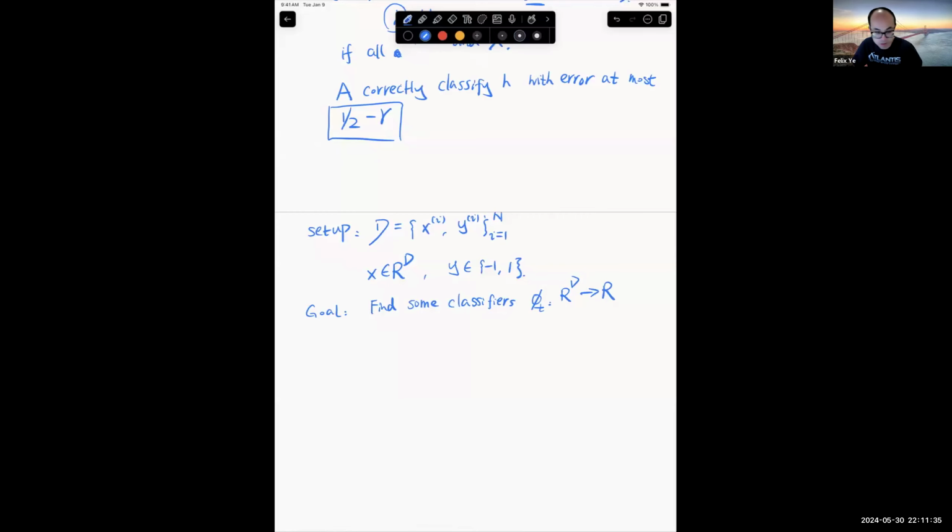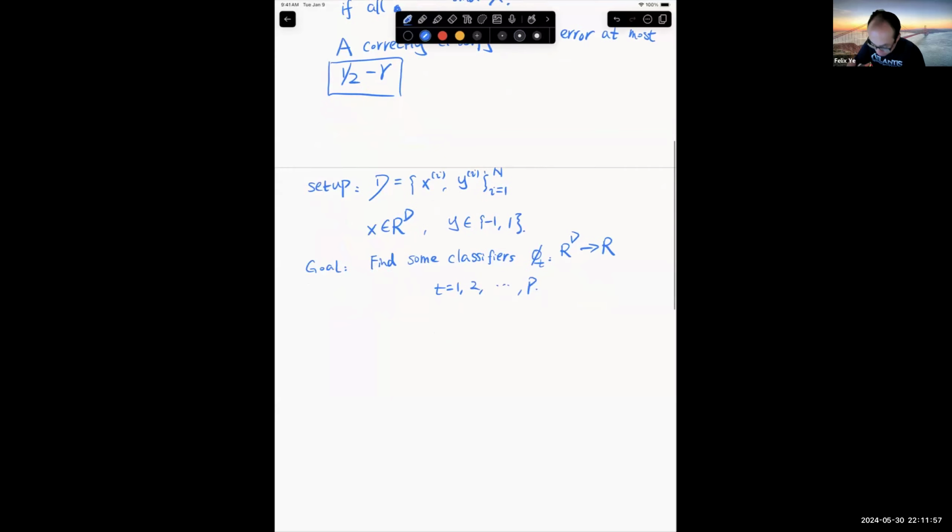You can think about it like logistic regression. We want to do this sequentially, so t has to be from 1, 2 until big T. So how do we find such classifiers? Learn classifiers phi_t.